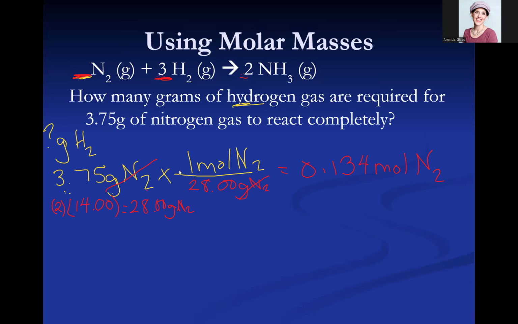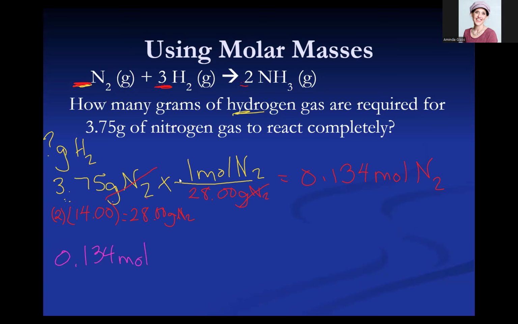So let's look at this. If I have 0.134 moles of N2, according to my recipe, I need 1 mole for every 3 moles of H2. Well, I know I need to cancel out my moles of N2. And I know I want to find my moles of H2.